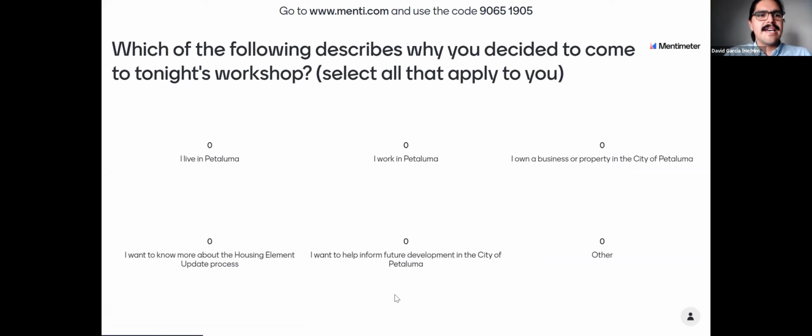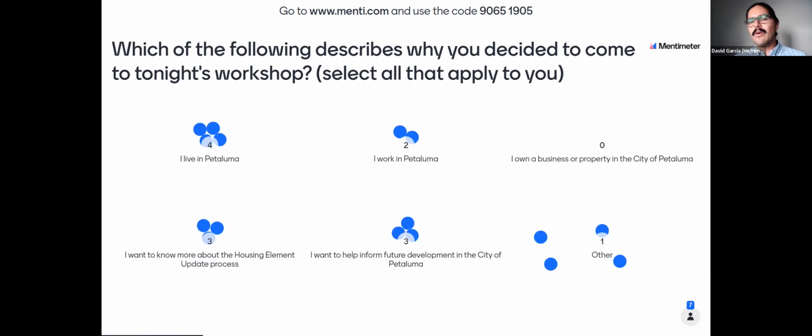So this question describes why you decided to come to tonight's workshop. So we're getting to know each other. We want to know if you live in Petaluma, if you work in Petaluma, if you own a business or property in the city, because you want to know about the housing element or future development in the city or some other idea. So remember, you can put all that apply. And thank you so much.